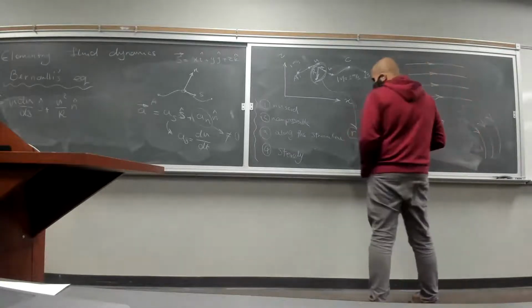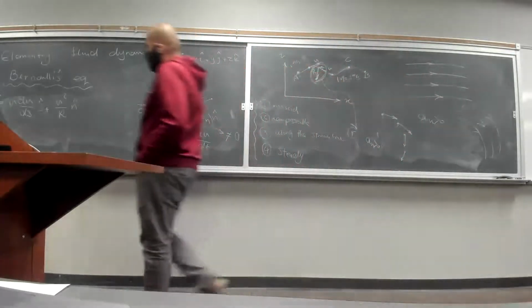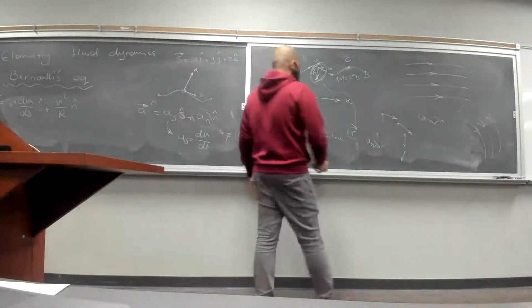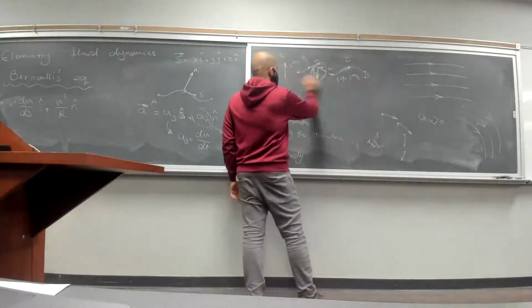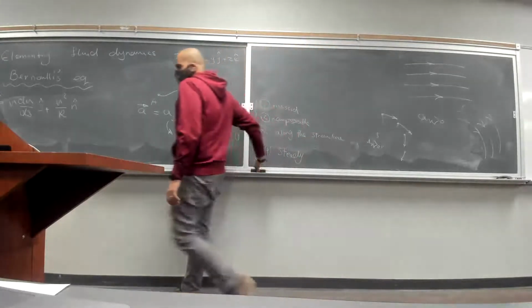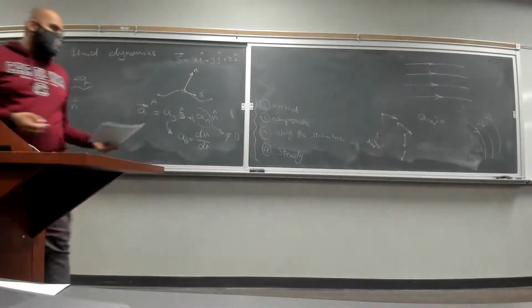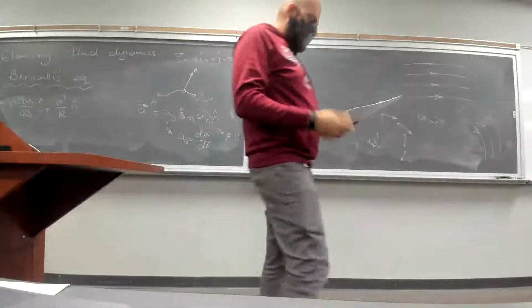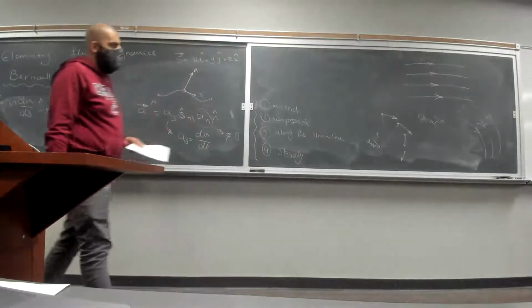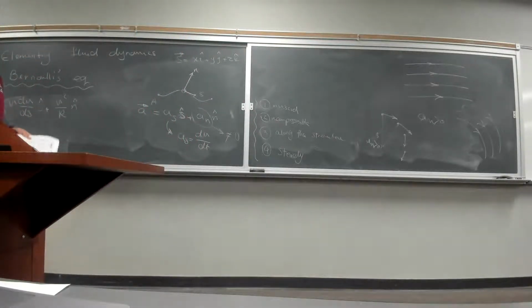Okay. I assume you understand what's going to happen if your a of n is smaller than 0. The streamlines are going to move in the other direction, away from the center of your circle, the curvature circle, the curvature origin, whatever you want to call it.